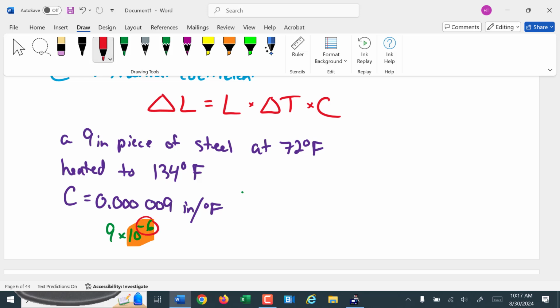Now, a little side note. A lot of textbooks will just list that as 9 times 10 to the negative 6. When you see that, the negative 6 is saying that the 9 is in the 6th decimal place: 1, 2, 3, 4, 5, 6.